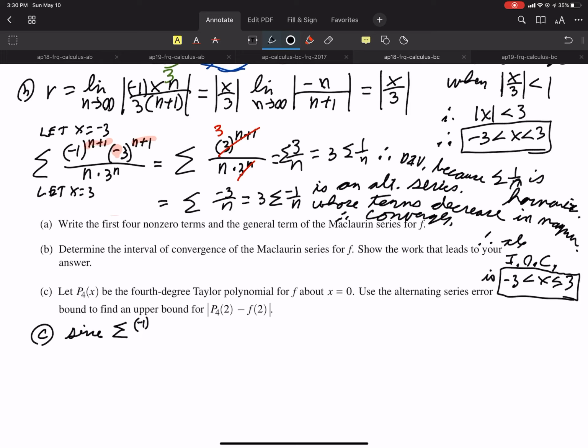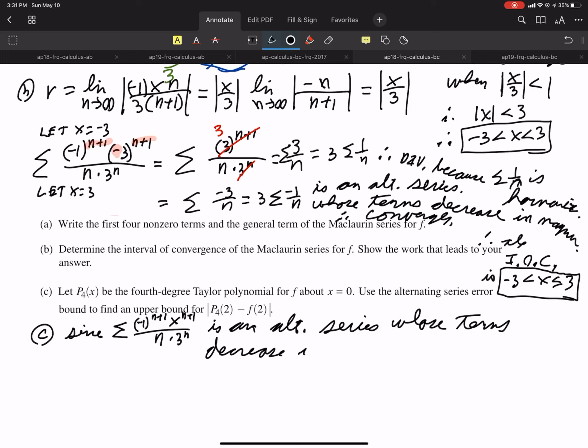Since it is an alternating series whose terms decrease in magnitude to 0, therefore the absolute value of the error is the next term.